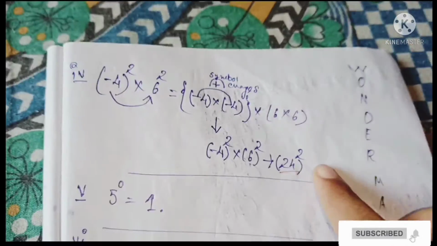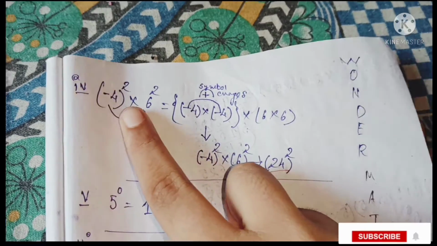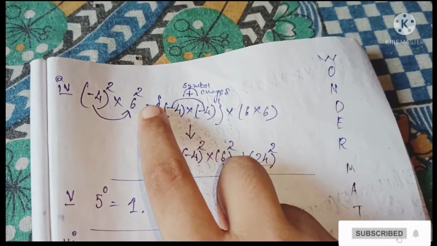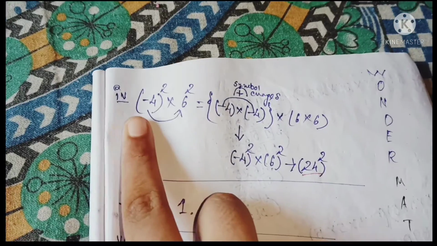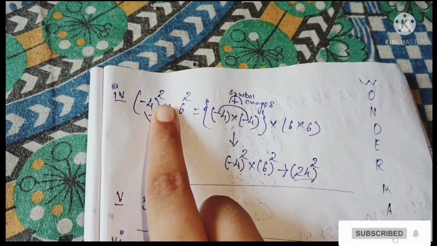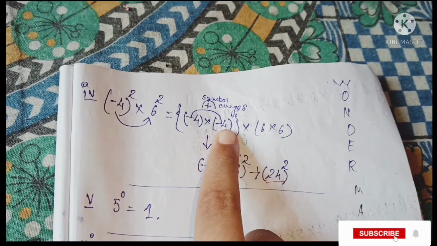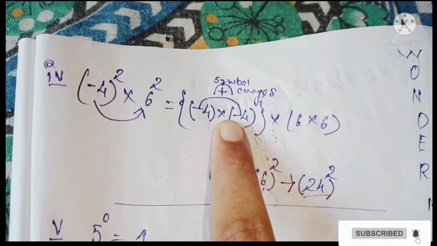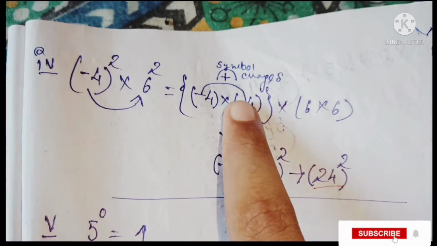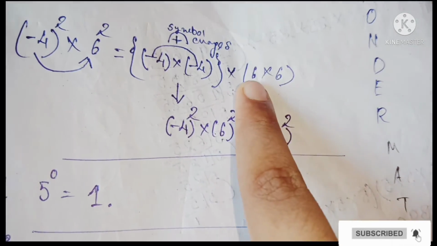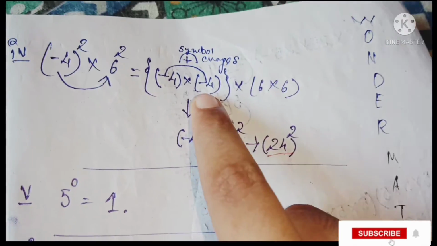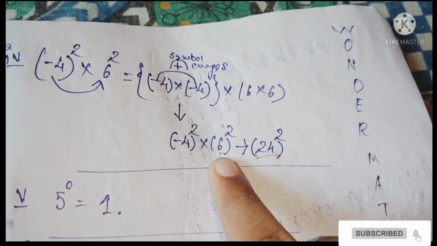And in number 4 it is minus 4 whole square multiplied by 6 square. That is, we have to first multiply minus 4, that is, the whole square 2 times, because it's a whole square there. So minus 4 multiplied by minus 4, we all know the minus and minus symbol changes to plus, and then multiplied by 6 into 6 gives us plus 4 into 6 whole square.